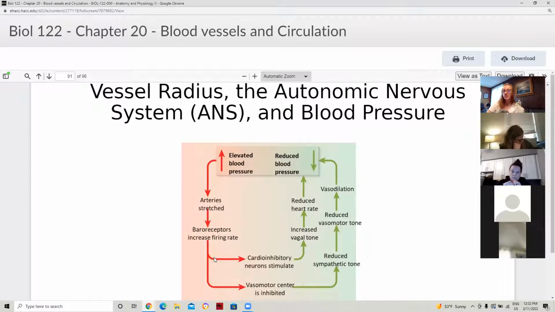They increase in their fire rate. The cardioinhibitory neurons get stimulated, resulting in vagus nerve firing. Vagal tone meaning vagus nerve firing. Remember, that's a parasympathetic slowdown. And the result is reduced heart rate.